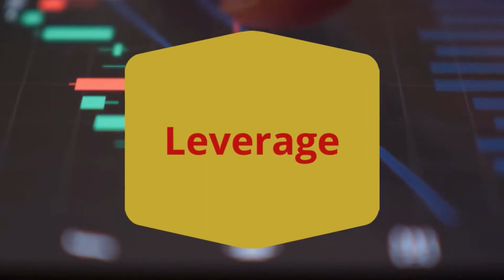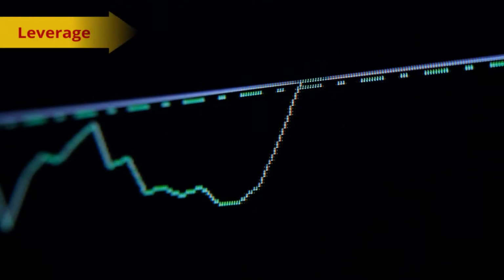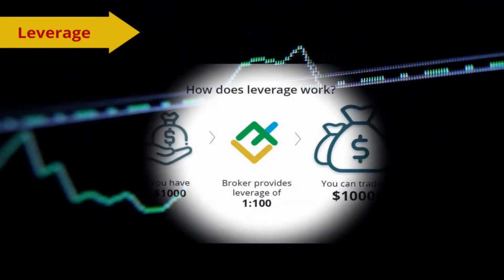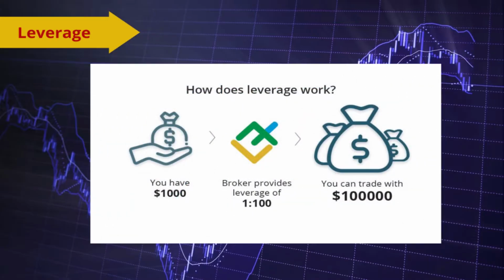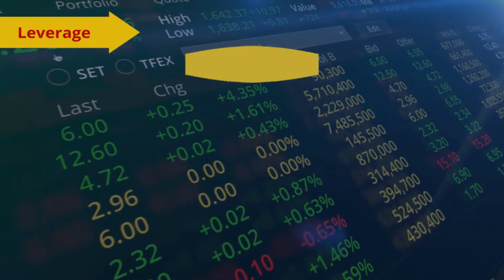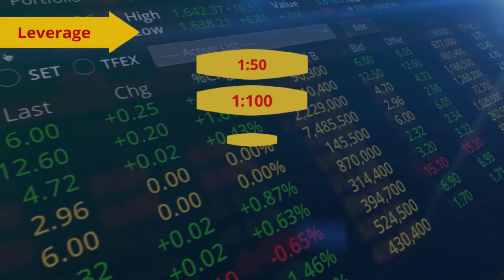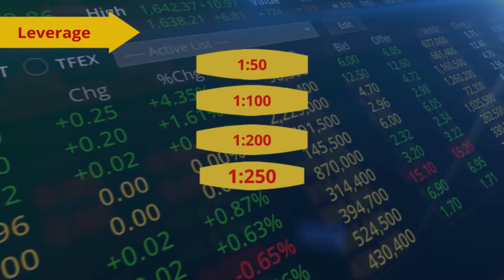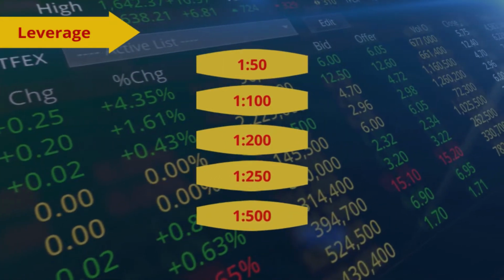Next term is leverage. Leverage in Forex trading refers to having control over a large amount of money in the market while only having a small amount of money in your account. Leverage is usually expressed as a ratio in trading, such as 1 to 50, 1 to 100, or 1 to 200.